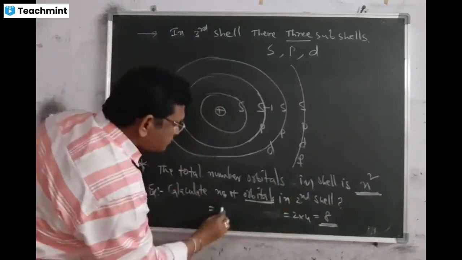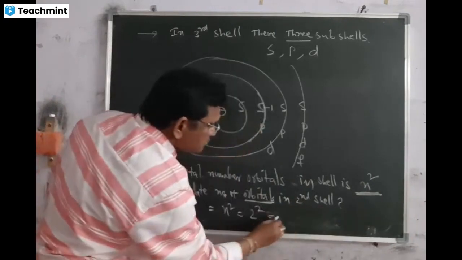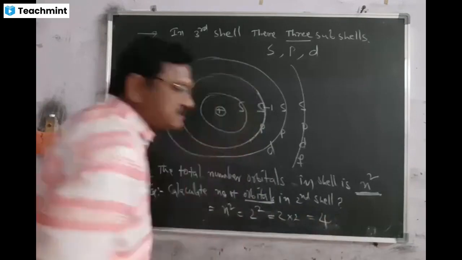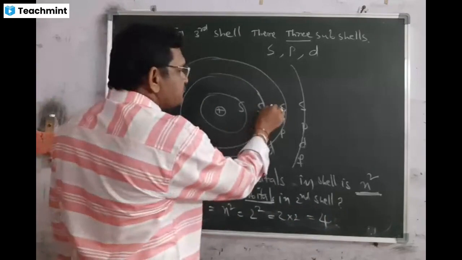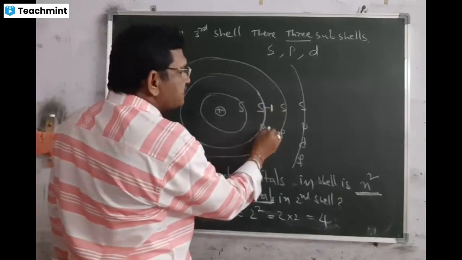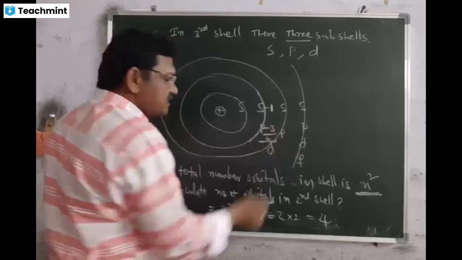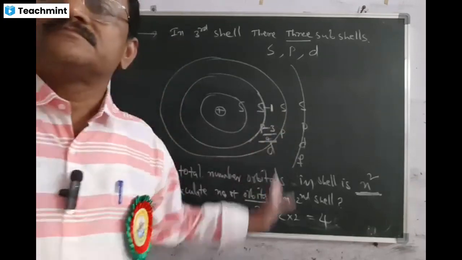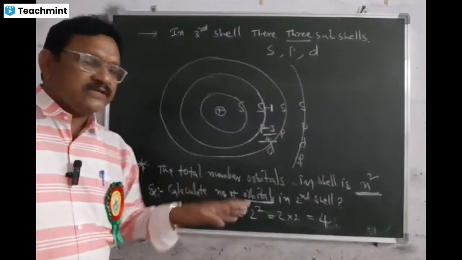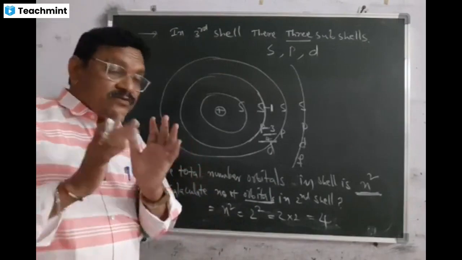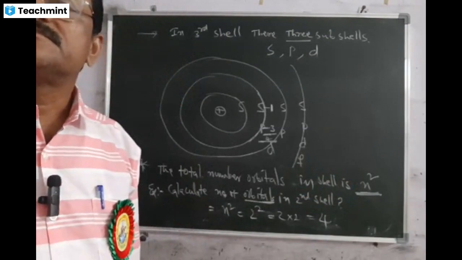What is the formula here? n square. n square is equal to 2 square, 2 into 2, that means 4 orbitals. So the S subshell contains one orbital and the P subshell contains 3 orbitals. 1 plus 3, total is 4. Clear now? The formula is n square, not 2n square. So whenever you want to calculate the orbitals in a shell, we use the n square formula.